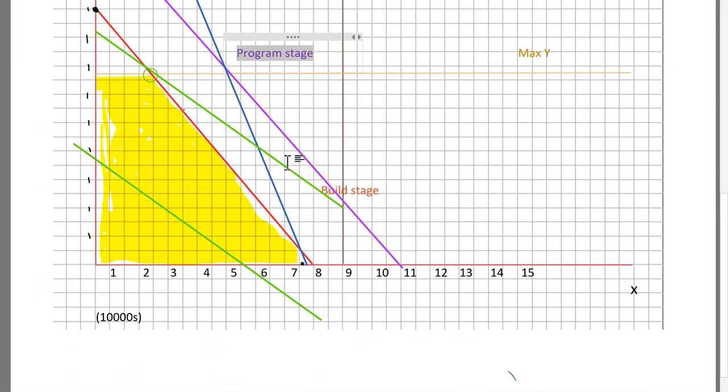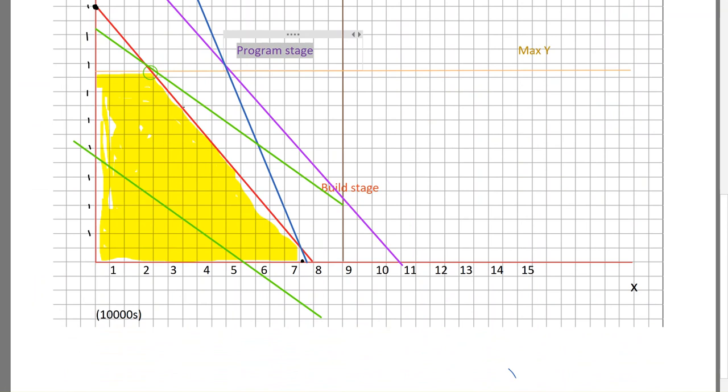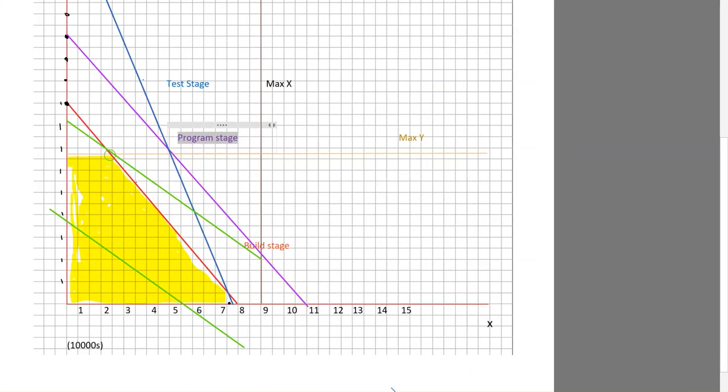I've already made the graph here because it is not relevant to the exam to prepare a graph. You just need to understand. So I've put numbers on the y-axis and x-axis, and then I've written thousands here, which means that each of these numbers is 10,000. So we have 10,000, 20,000, 30,000, and the same thing goes here.